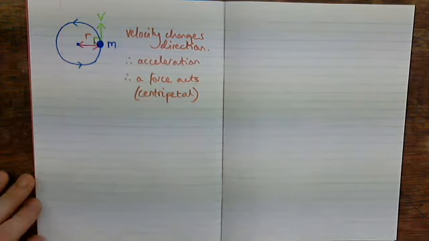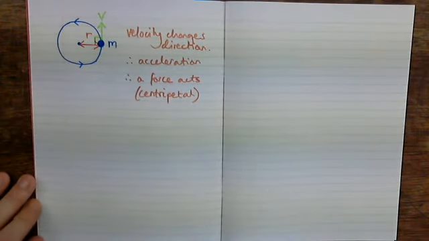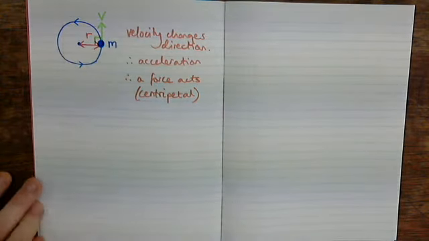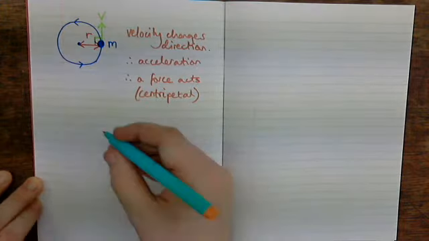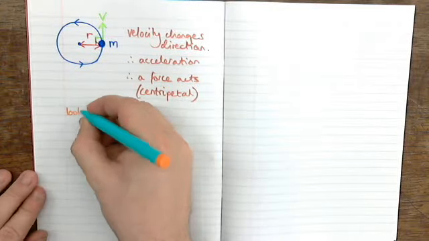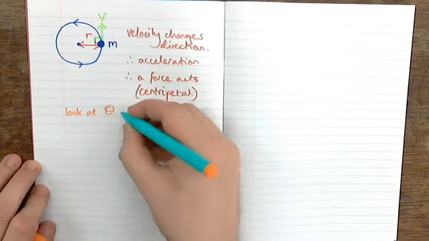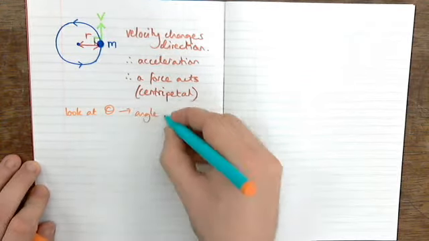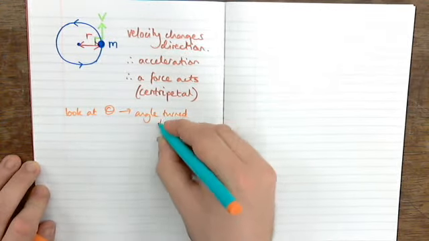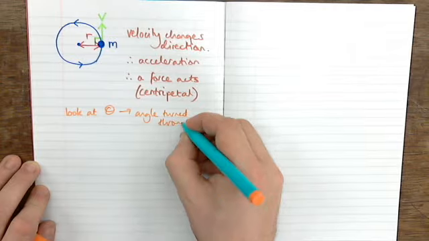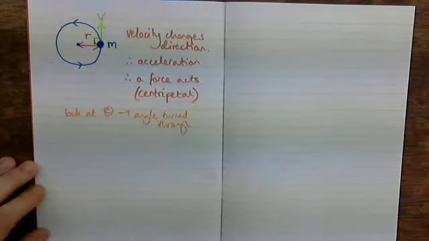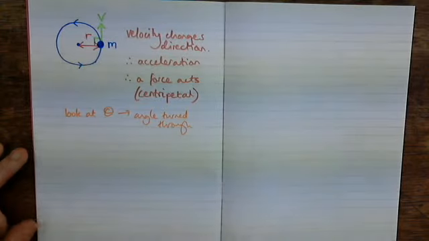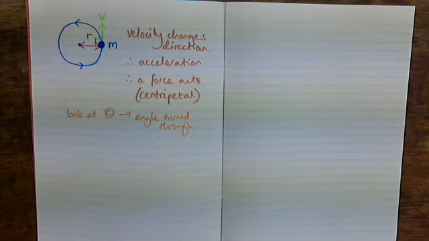Now, there are a few other variables we can think about here to help us understand the situation. One is that we can look at theta, the angle turned through. If we're moving in a circle, then obviously we're moving around 360 degrees in the rotation, or more usefully perhaps 2 pi radians for one complete rotation.